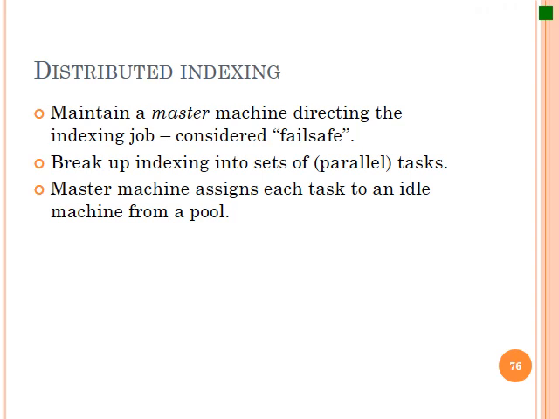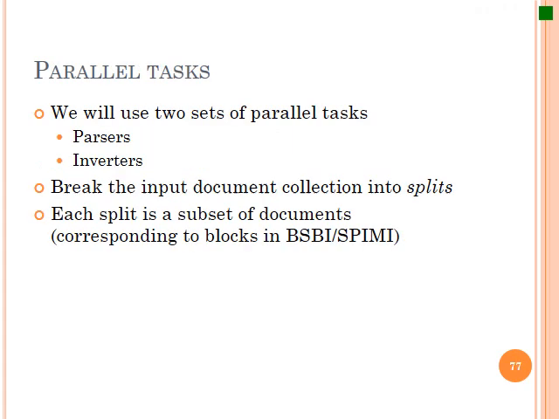You break up your indexing task into a set of parallel tasks, and then the master will assign each task to an idle machine from a pool. So every machine that is free will go and grab a piece of the job and work on it.